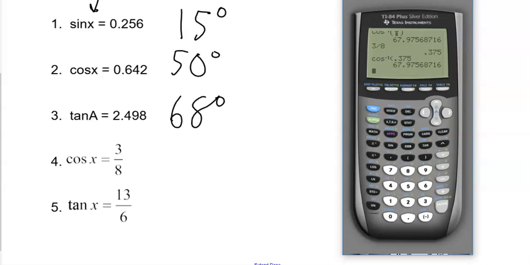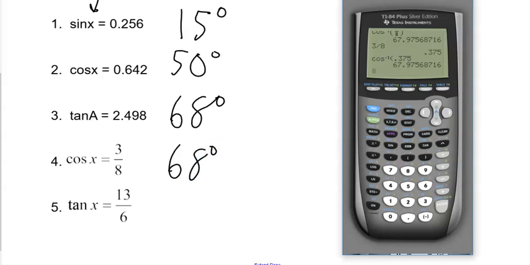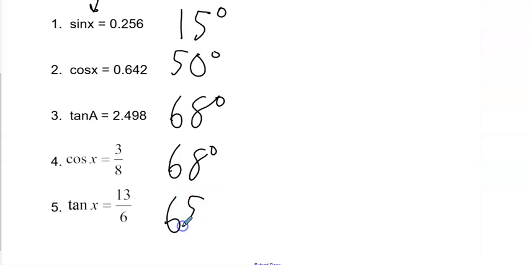And either way, we're going to get 68 degrees again. And then tangent of x, so second tangent, and then just type in 13 divided by 6 as a fraction or as a division problem. Doesn't matter. About 65 degrees. Okay?